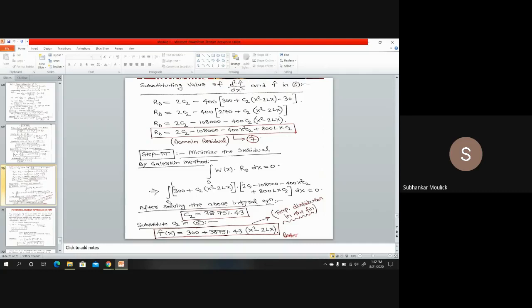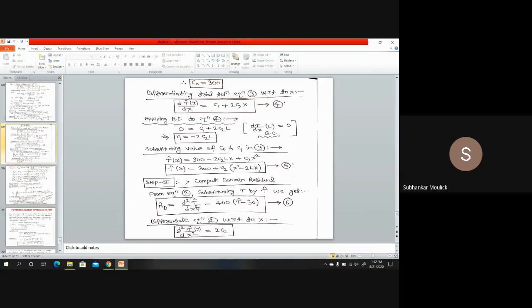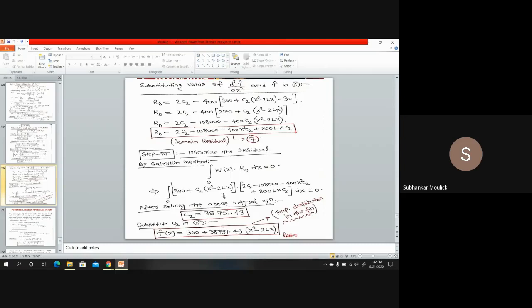Your final expression becomes the integral from 0 to L of the weighted function, which is the modified form of the trial function, 300 plus C2 in bracket, x square minus 2lx, into the domain residual, equation number 7, that is 2C2 minus 108,000 minus 400 x square C2 plus 800 lx C2.